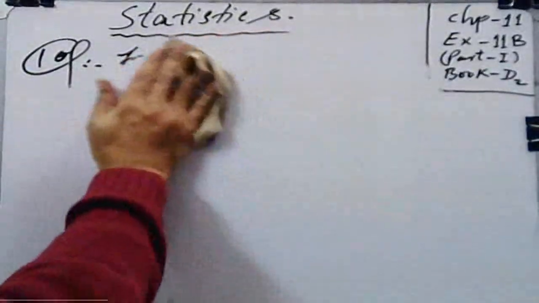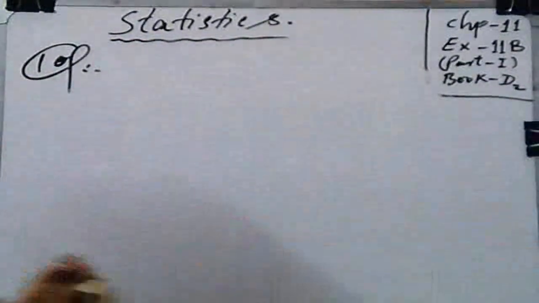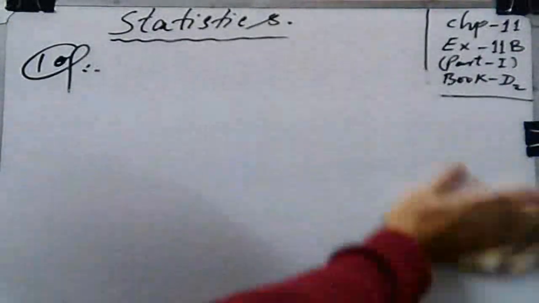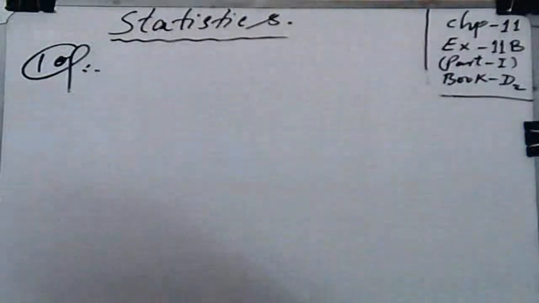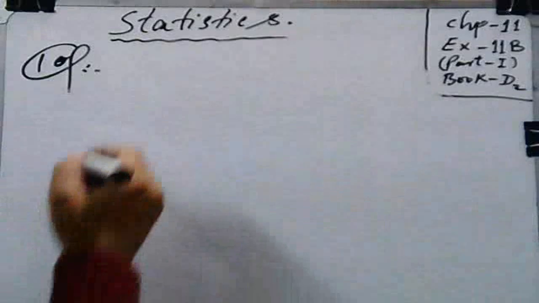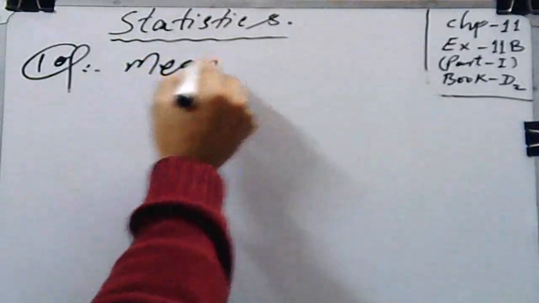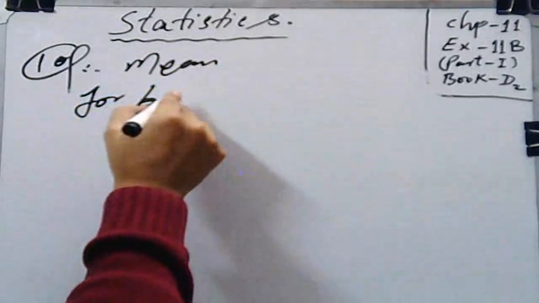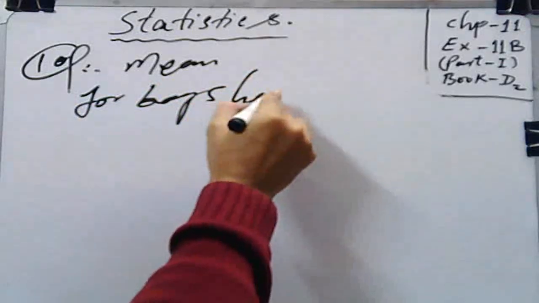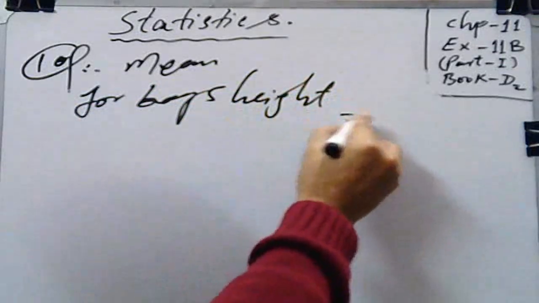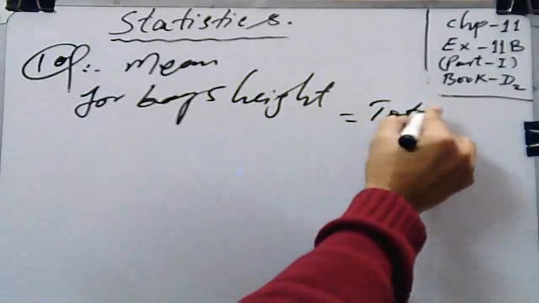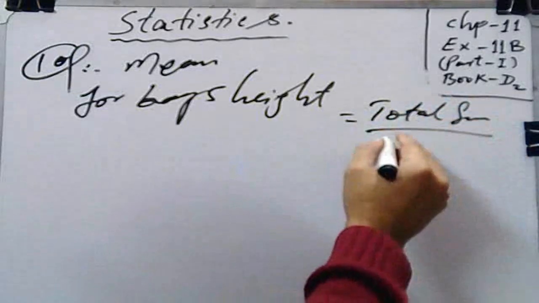This is the third step, because the questions are so critical that in one question we have to solve 2-3 things to evaluate. Now the mean for boys height: again, total sum divided by total number.